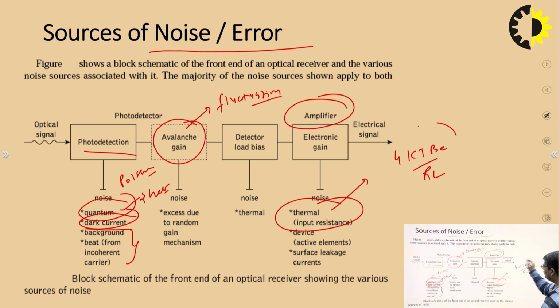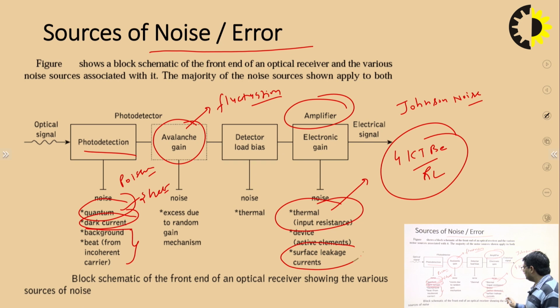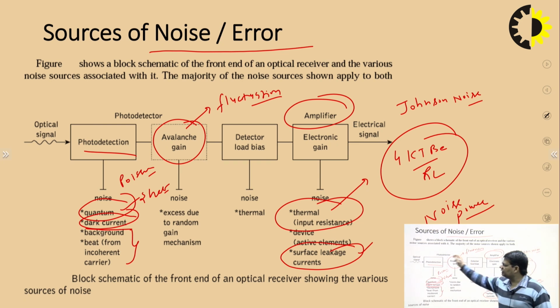This is how we calculate the thermal noise, which is also known as the Johnson noise. Then we can also have some small amount of leakage current or surface leakage current. Basically, the main aim here is to calculate the noise power corresponding to all of these noise sources or sources of error available in the optical receiver.